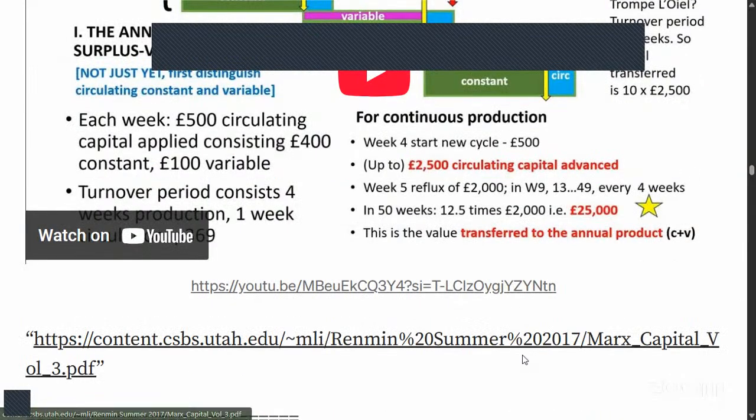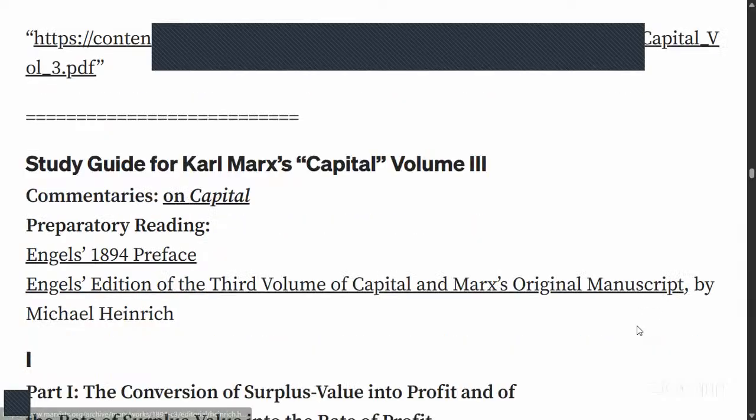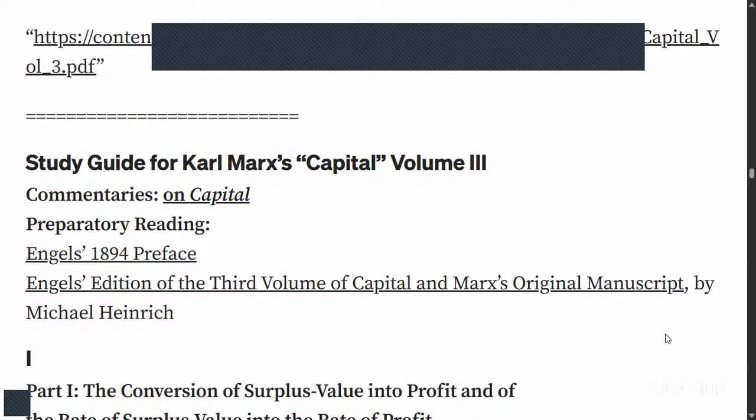I've also included a link to the study guide for Capital Volume 3, and there are connections to it, including a link to Heinrich's commentary on Engels's edition of the third volume of Capital and Marx's original manuscript, which I think is important.